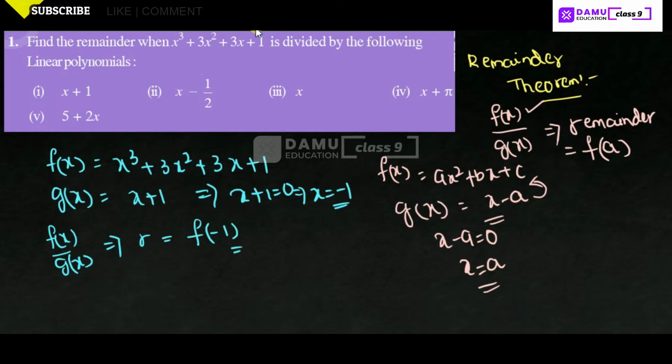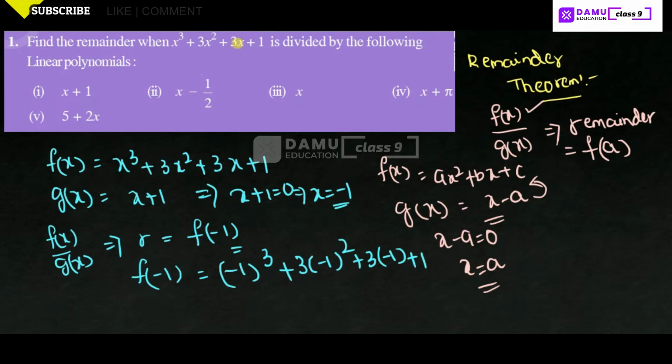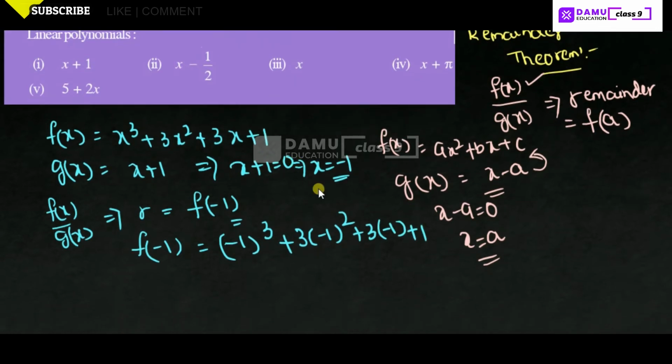So as I told, let's substitute: f of minus 1 is minus 1 whole cube plus 3 into minus 1 whole square plus 3 into minus 1 plus 1. Here minus 1 whole cube has an odd exponent, so we get minus 1.